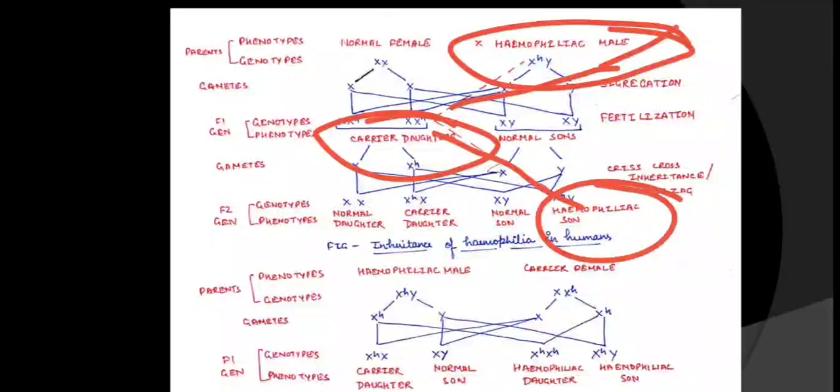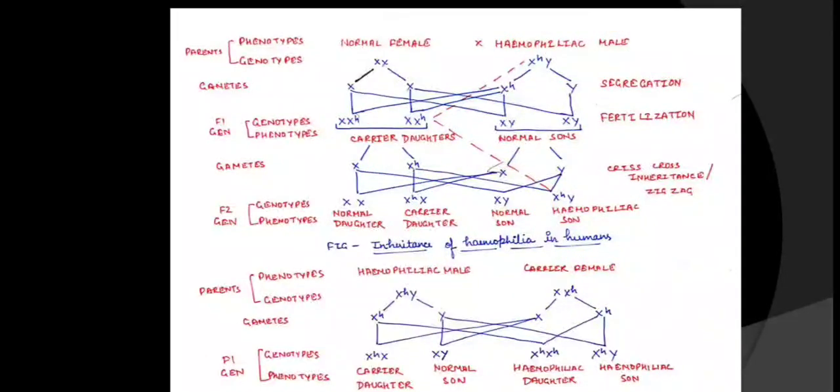This type of pattern, in which the father transfers the disease to the daughters and they then transfer it to their son, is called criss-cross inheritance, also called the zigzag pattern of inheritance.